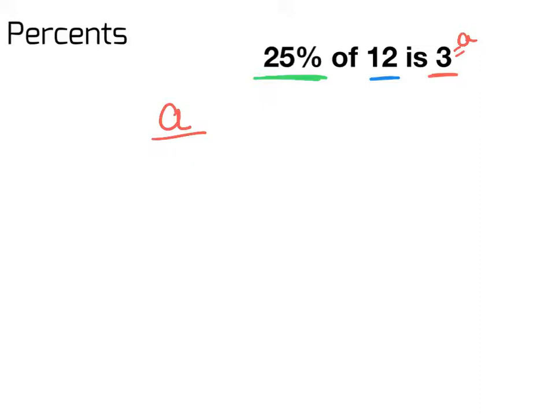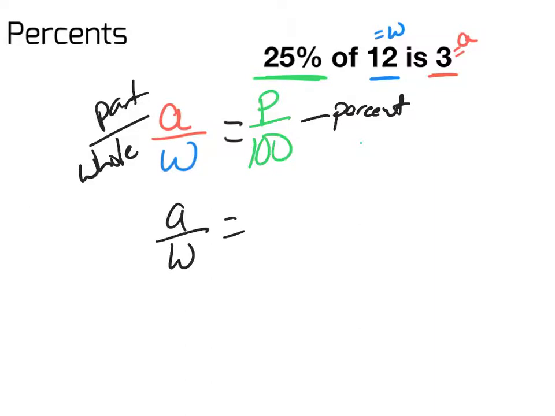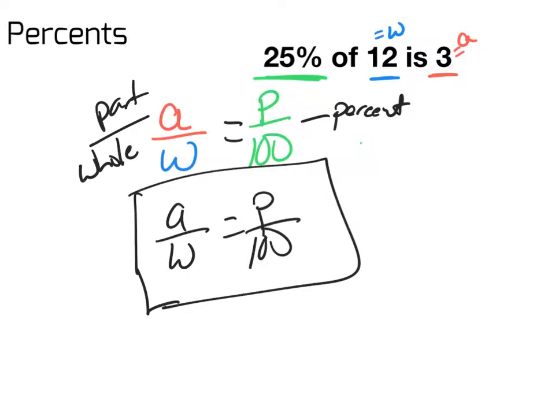My whole number is this 12, and it's represented by a W. Equals my percent, P over 100. So A over W equals P over 100. You can use this proportion to solve any of these percent questions that we may have.